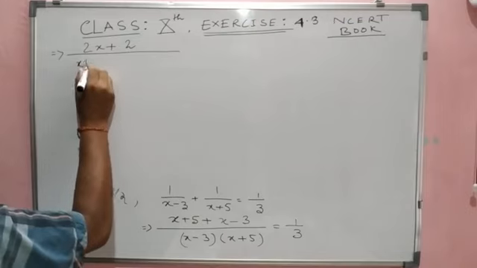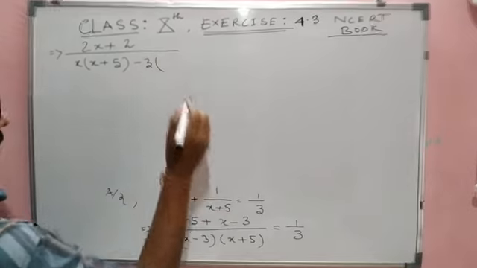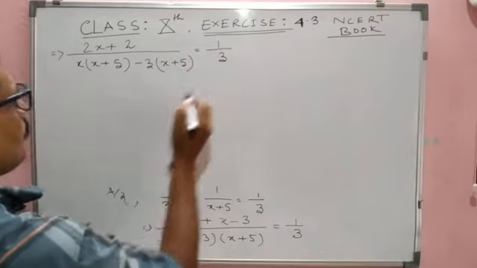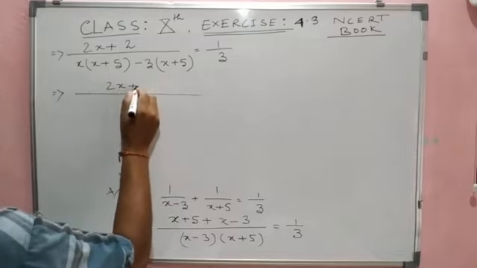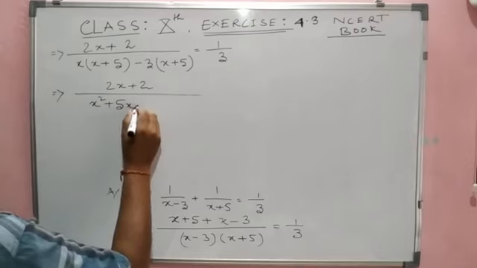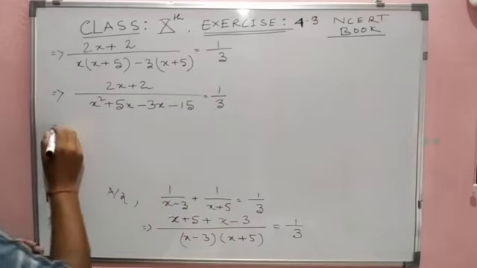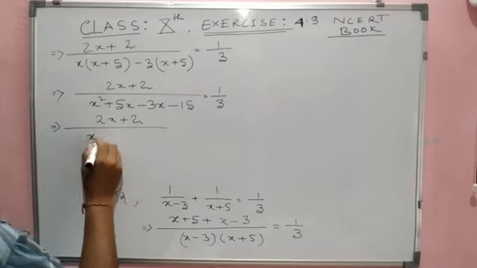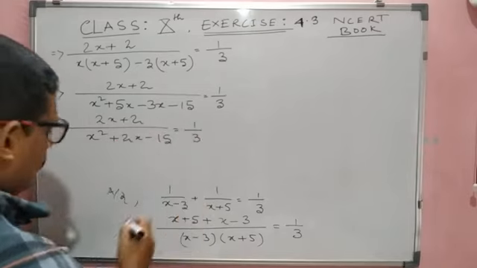It will be x into x plus 5, then minus 3 whole into x plus 5 equal to 1 by 3. So it will be 2x plus 2. On calculation we get x square plus 5x minus 3x minus 15 equal to 1 by 3. So it will be 2x plus 2, x square plus 2x minus 15 equal to 1 by 3.